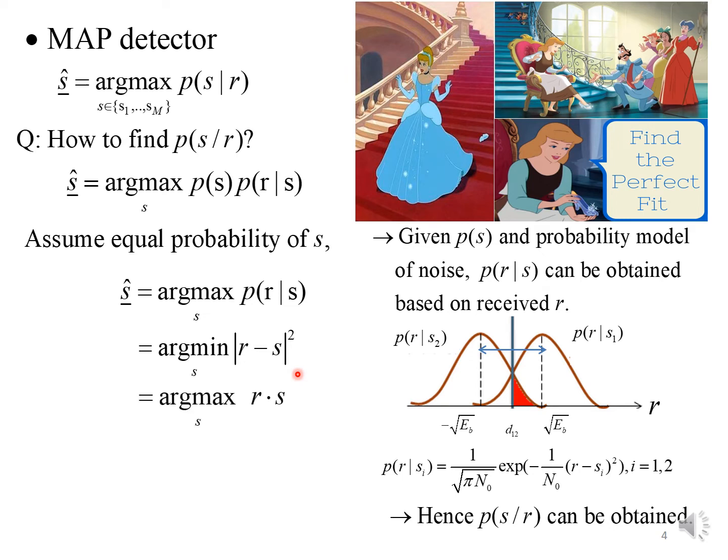And this distance detection is equivalent to the correlation of R and S, or the inner product of R and S. However, here R and S are one-dimensional, just for the binary case.